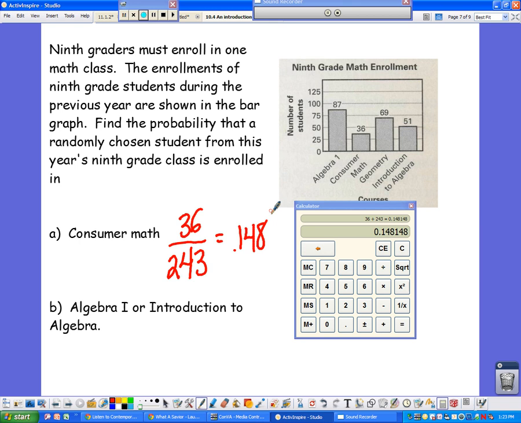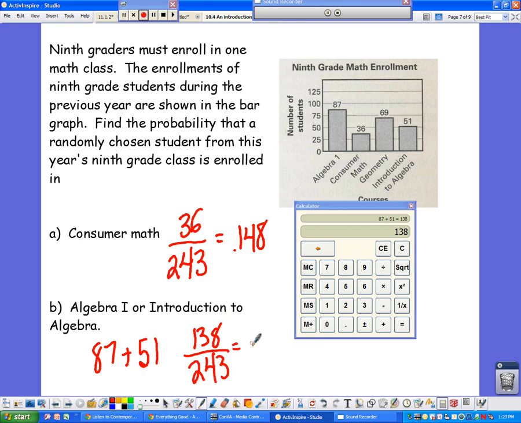All right, in B, it says Algebra 1 or the Introduction to Algebra. So the same thing as before, we have 87 students in Algebra 1, and in the Introduction to Algebra class, we have 51. To get how many total students are in either one of those classes, we're just going to add them up. 87 plus 51 gives us a total of 138 out of 243.